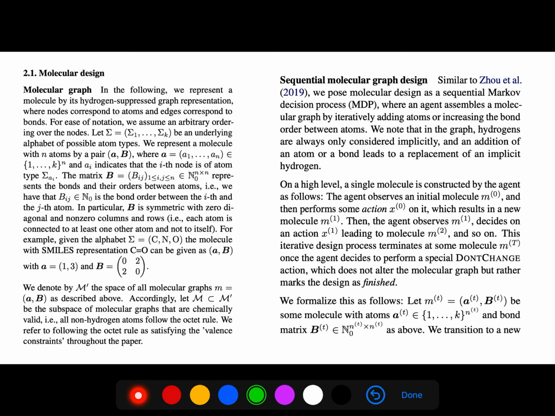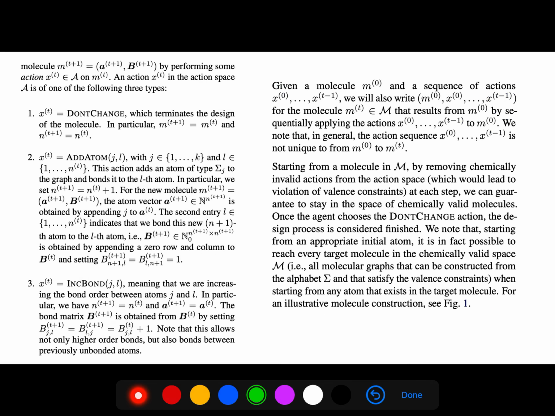So we represent the molecule by its hydrogen-suppressed graph representation, where nodes correspond to atoms and edges correspond to bonds. If we have M, which is some molecule with atoms A and bonds B, then we want to perform some action x_t on this molecule M. What is our action?